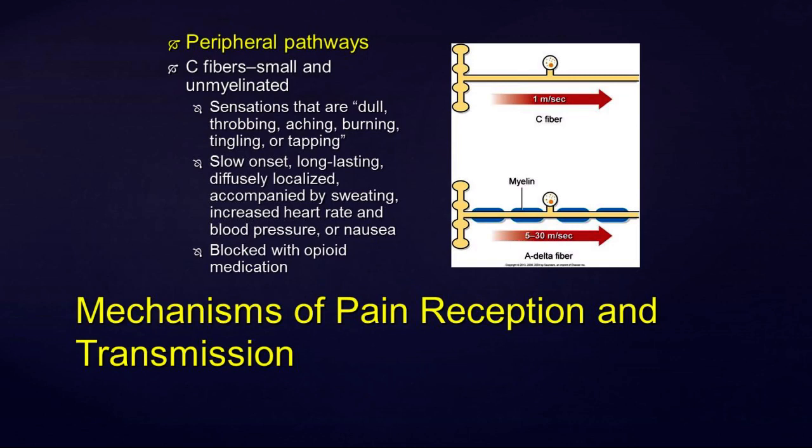With the A delta fibers, it's a quick onset and not very long lasting. With the C fibers, it's a slow onset and longer lasting. It's usually, instead of being specifically localized, diffusely localized and can be accompanied by sweating, increased heart rate, blood pressure, or nausea. These guys are blocked with opioid medication.